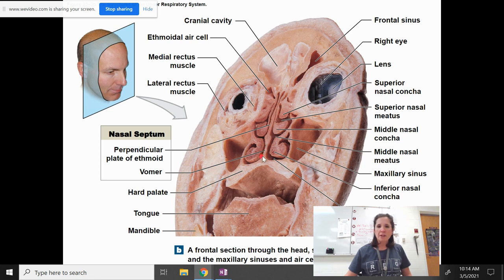And here's the vomer, if you remember that. But then you can see the passageways. All right, so the meatus that I was talking about before, you can see the passageways for the air. So it's just pretty interesting to look at this. And then you can see some sinuses. Look at these big openings here.